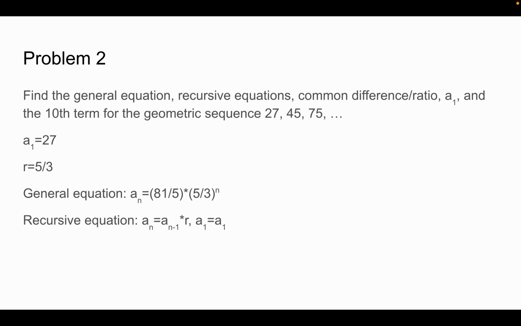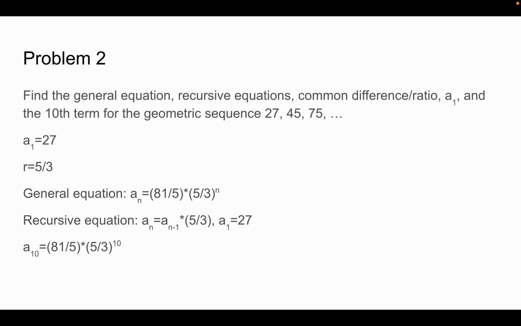For the recursive equation, we just have to plug everything in again, but not the first a1. Now we have both the recursive and general equations. To find the a10, we can just plug in n into the general equation.